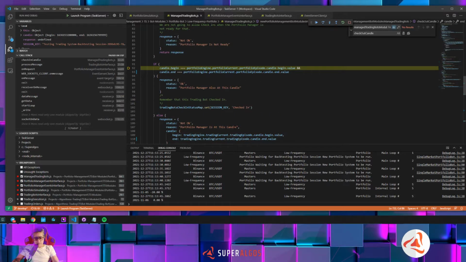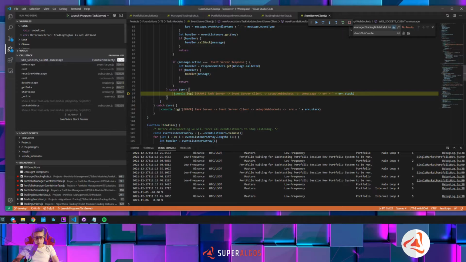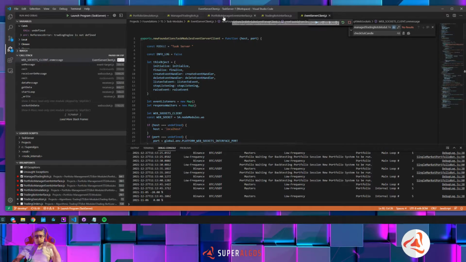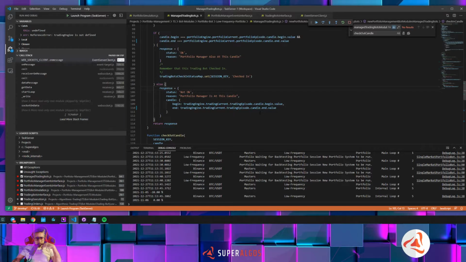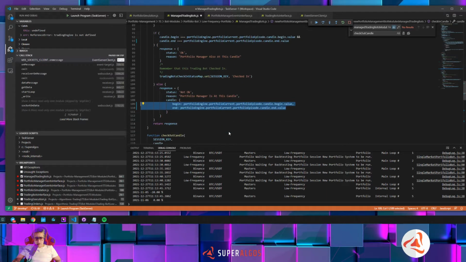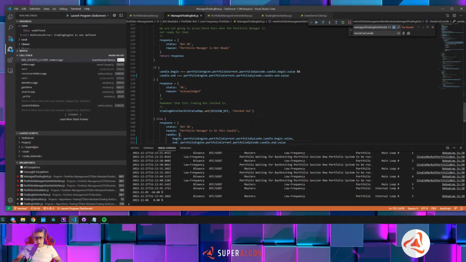So in the manage trading bot, the candle begin would be this, and the candle end would be this, because we are at portfolio, not at the trading bot. And the same happens here.